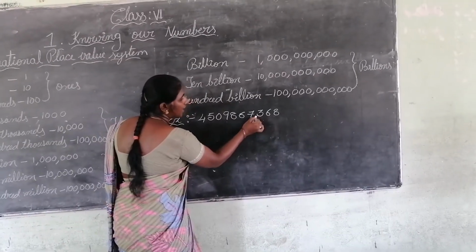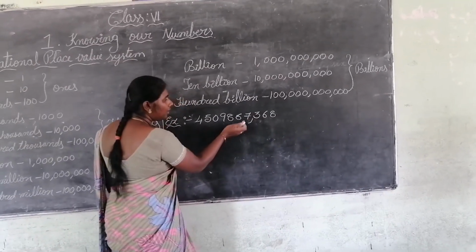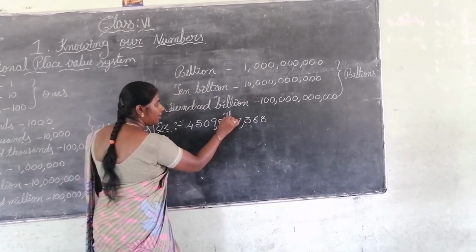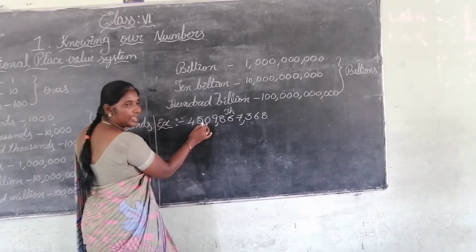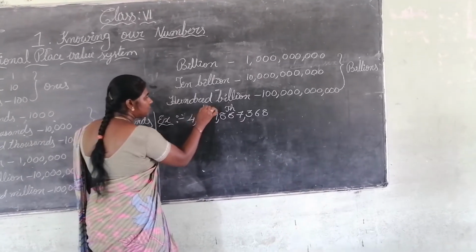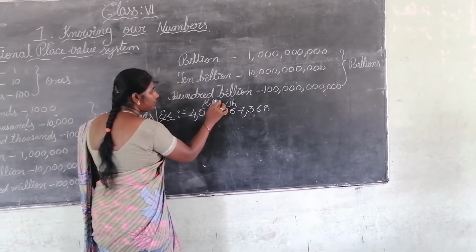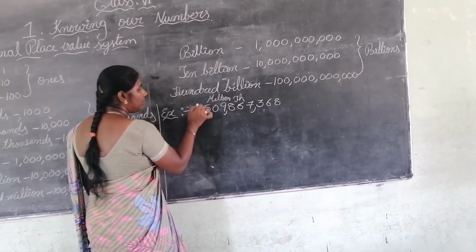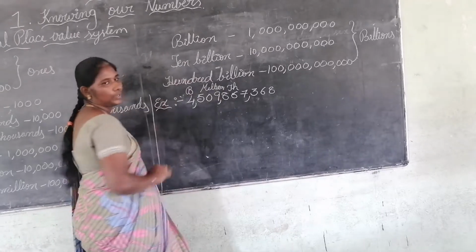Ones, tens, hundreds. These come under the ones period. 1,000, 10,000, 100,000. Thousands period. Again million, 10 million, 100 million. Millions period. Next, 4. It is in the billions period.